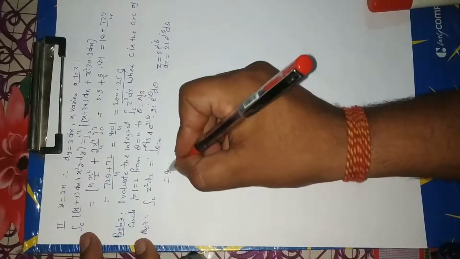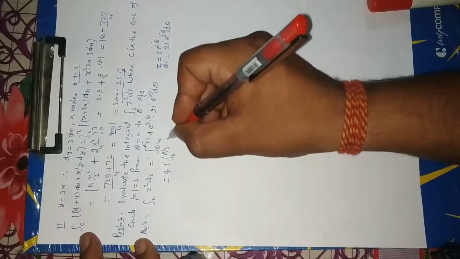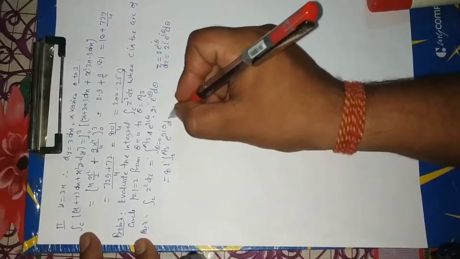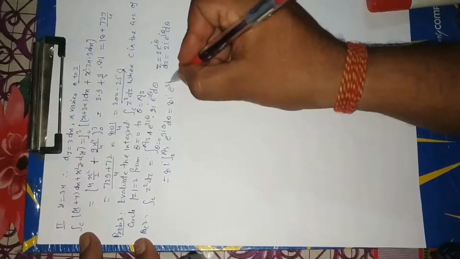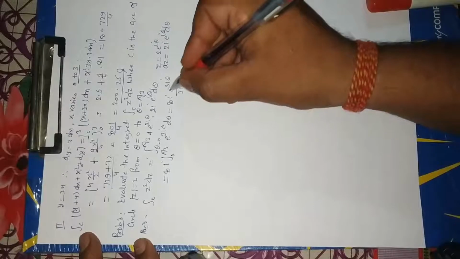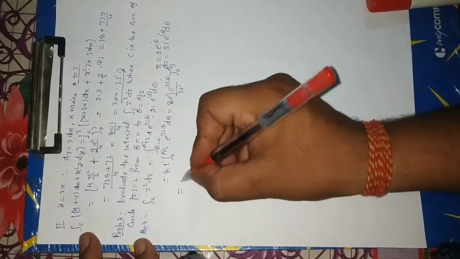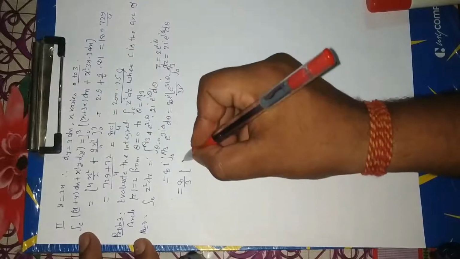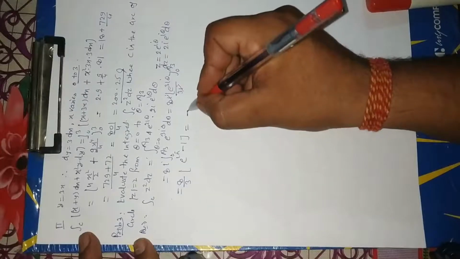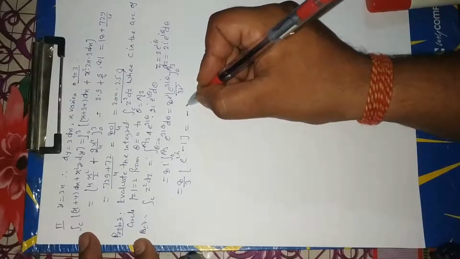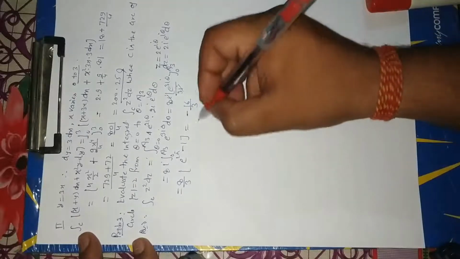This is equal to 8i times integral 0 to pi by 3 of e to the power 3i theta d theta. This is equivalent to 8i times e to the power 3i theta upon 3i, limit 0 to pi by 3. The i cancels. Now 8 by 3 times (e to the power i pi minus 1) is equal to minus 16 upon 3, the complete solution.